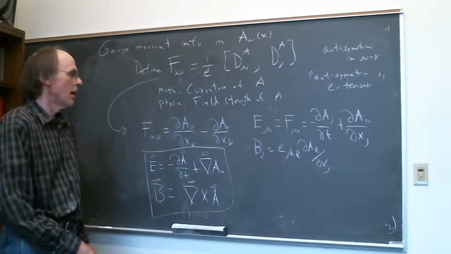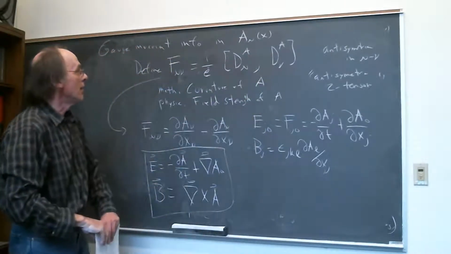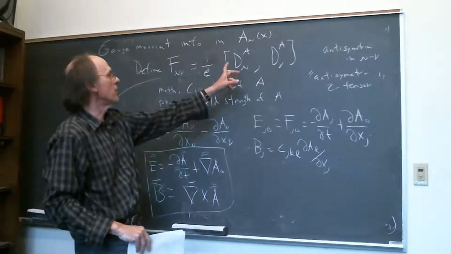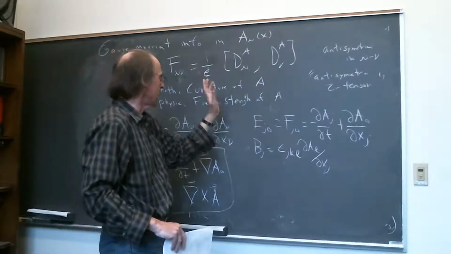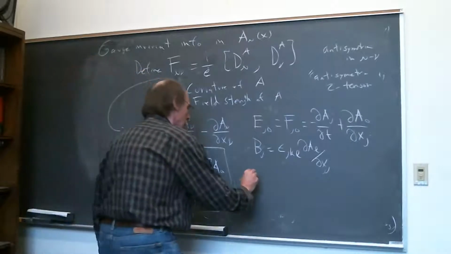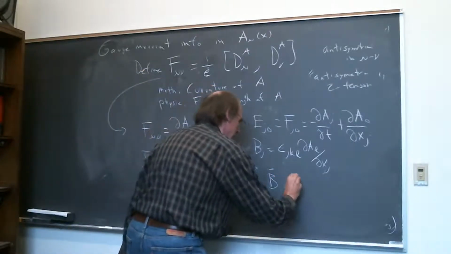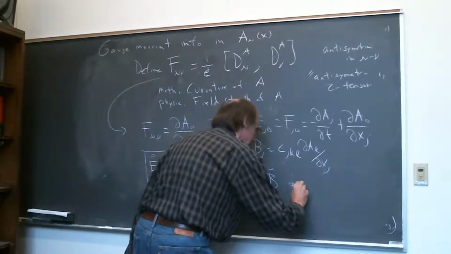And the point of doing things this way is that you find these are gauge invariant. So E vector and B vector are gauge invariant.